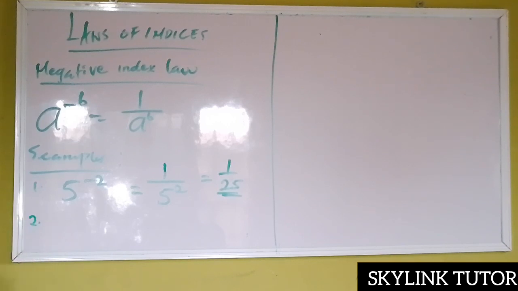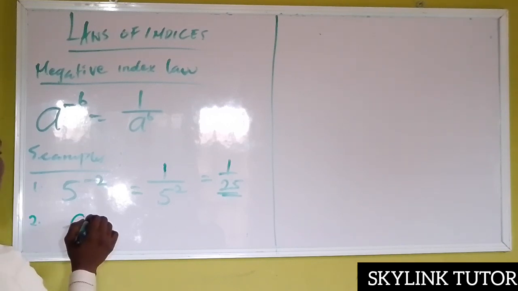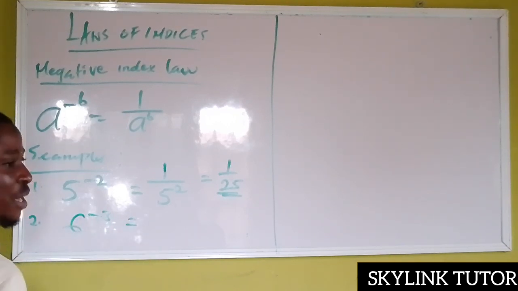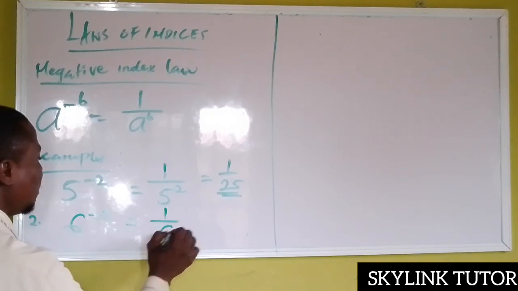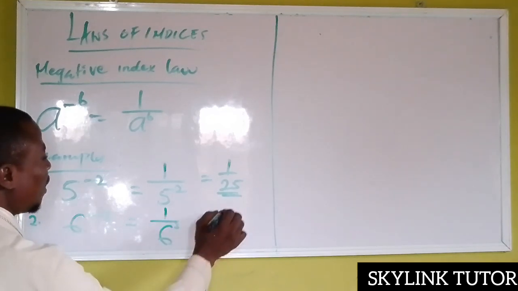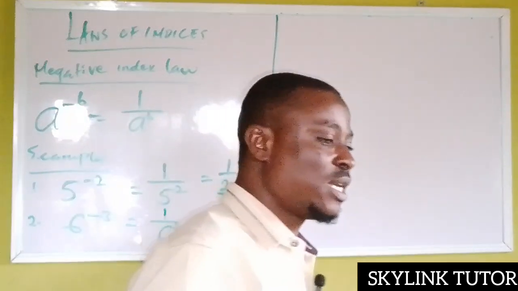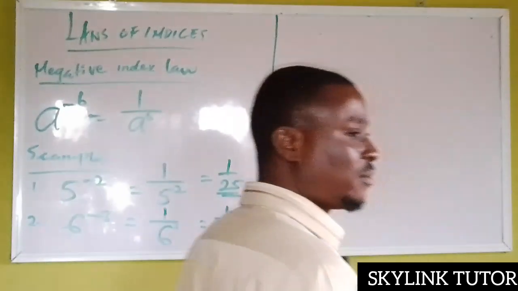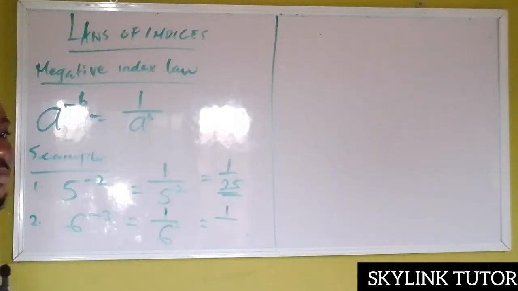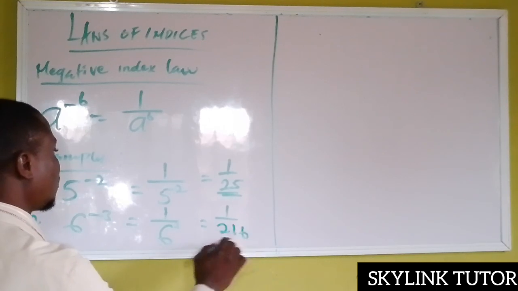Look at another one. 6 raised to power minus 3 becomes 1 all over 6 raised to power 3. That is 6 times 6, which is 36, times 6, which is 216.